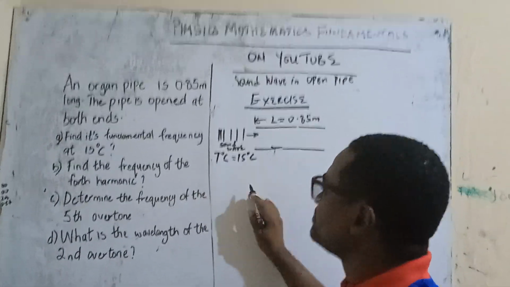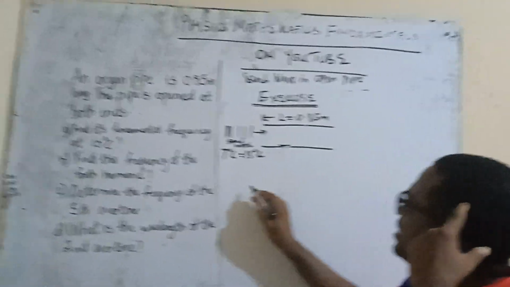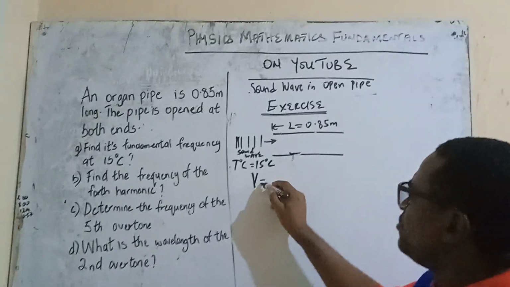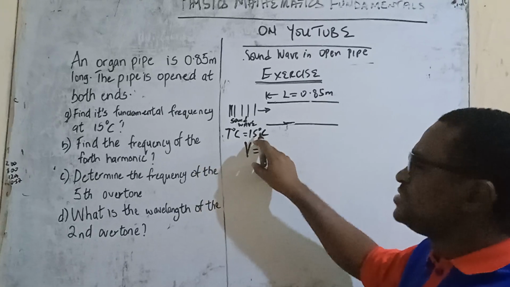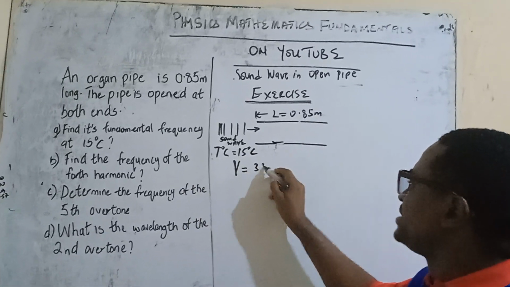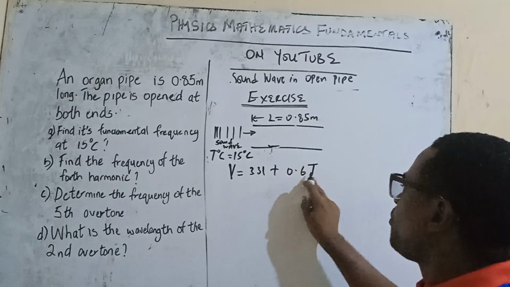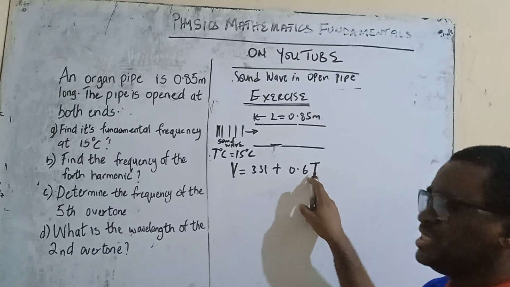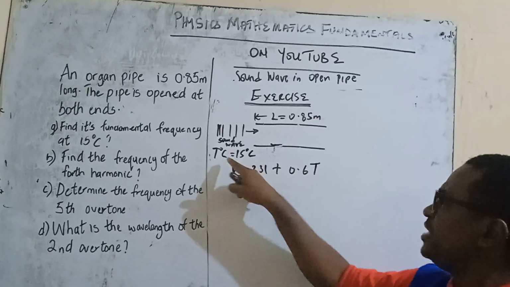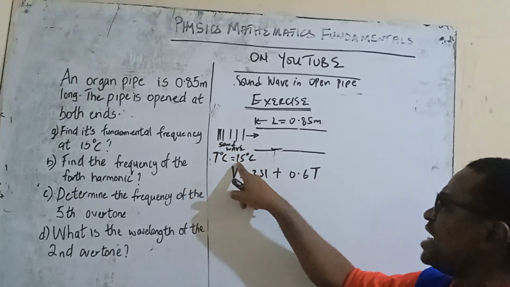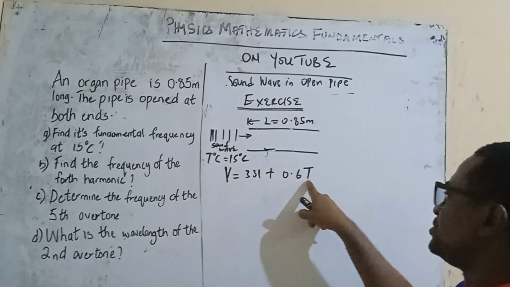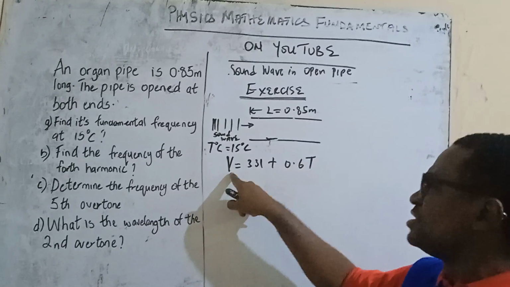15 degrees Celsius. And then the velocity v of sound wave at a given temperature is given as 331 plus 0.6 T, where T is the temperature in degrees Celsius. So since the sound wave is being sent at this temperature, I will substitute here to get the velocity of the sound wave.